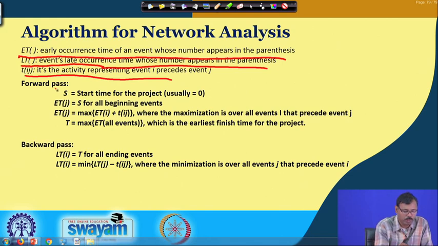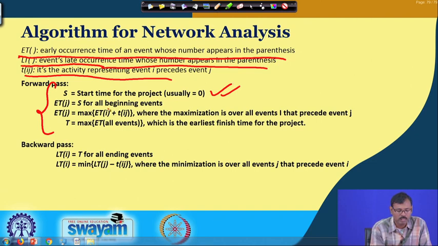In the forward pass we consider starting time S equal to 0, or you may initialize anything. ET is the early occurrence time given for the first node, and then for the next node we add the time of that activity to get the early occurrence time of the following nodes.